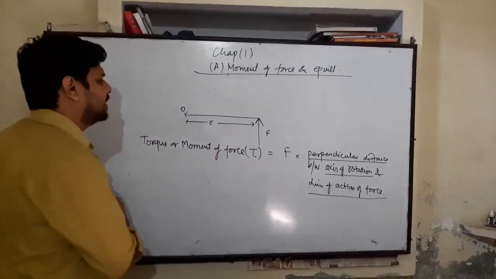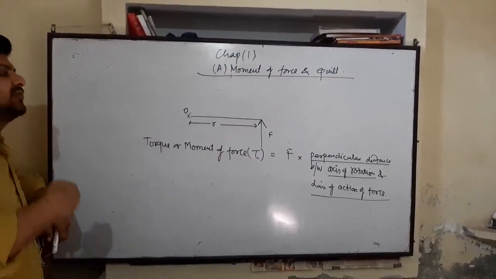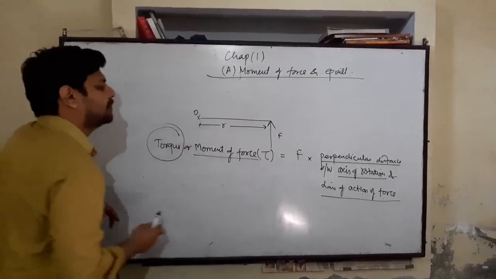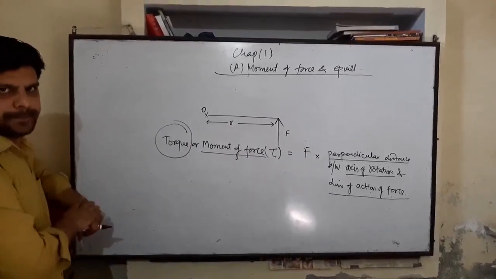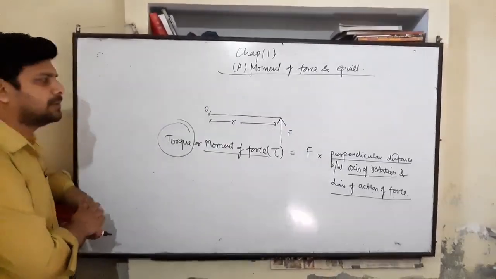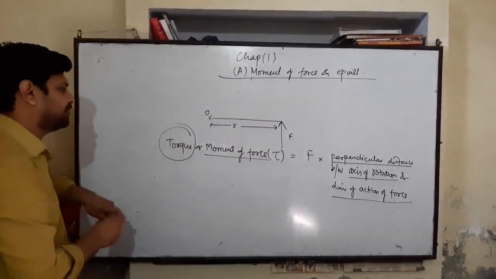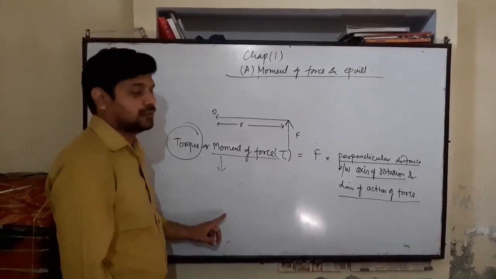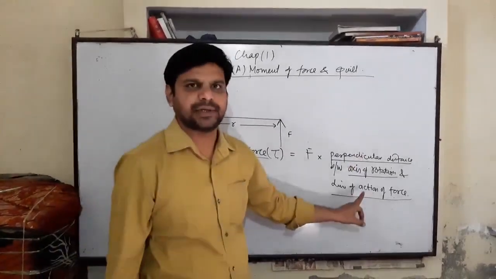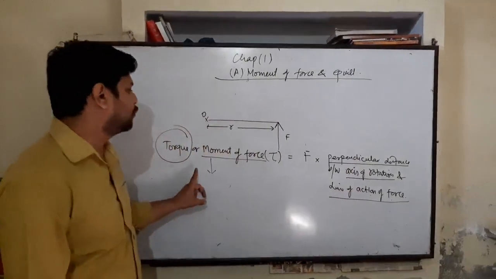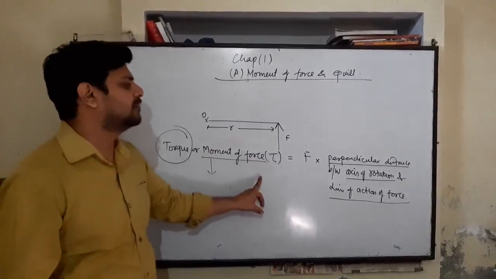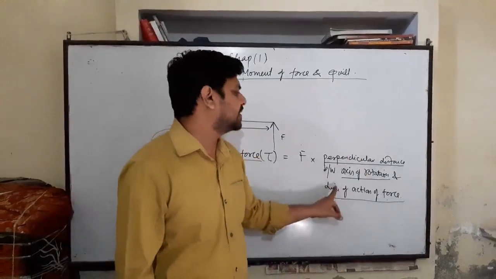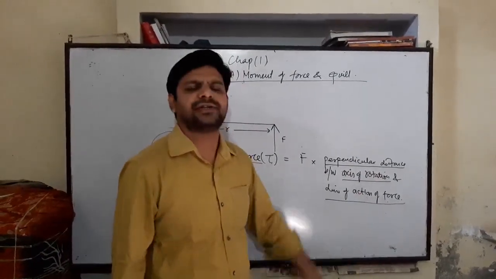Now you can say the force produces straight line motion and this torque produces rotation motion in a body which is pivoted at a point. In general, what is moment of force? This is the formula and the definition. If you want to write the definition of moment of force, simply write: it is the product of force and perpendicular distance between the axis of rotation and the line of action of force.